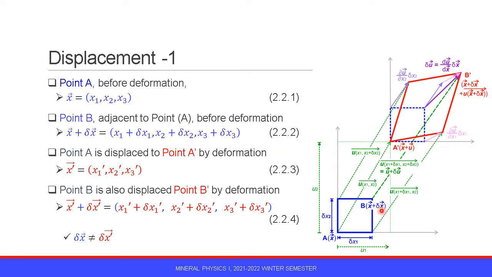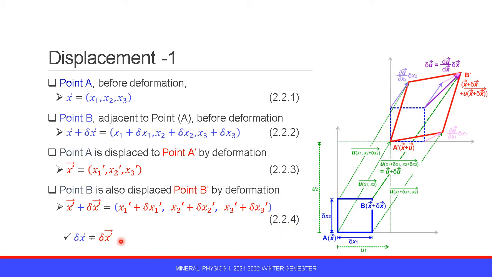Point B is also displaced to point B prime by deformation, and its position vector is x prime vector plus delta x prime vector, whose components are x sub 1 prime plus delta x sub 1 prime, x sub 2 prime plus delta x sub 2 prime, x sub 3 prime plus delta x sub 3 prime, equation 2.2.4.